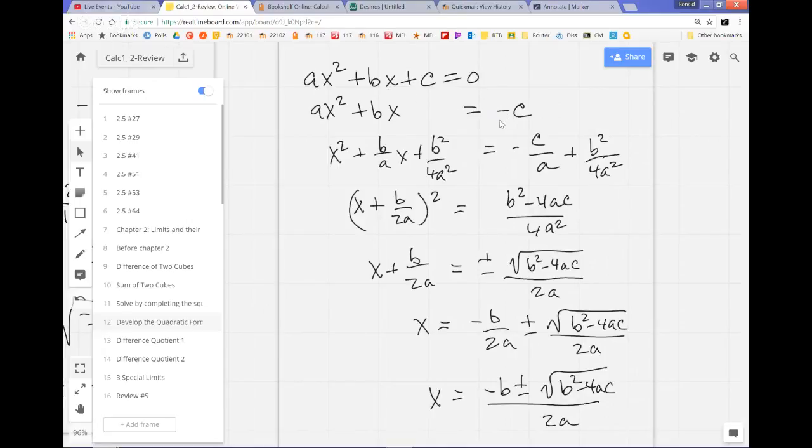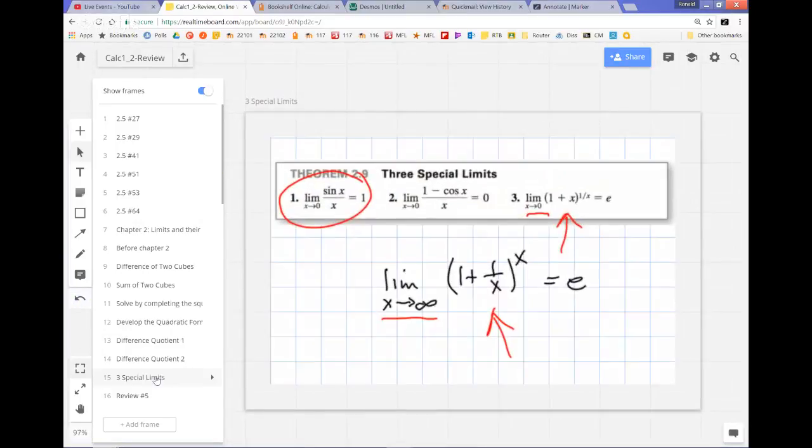So those are some of the general algebra skills that are important. Don't forget your special limits.